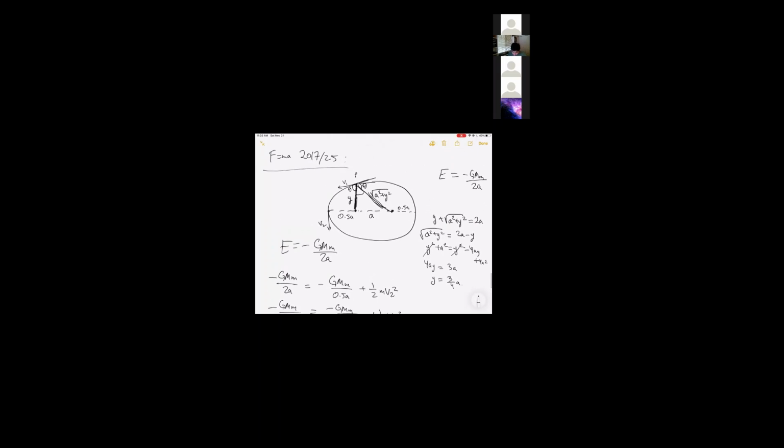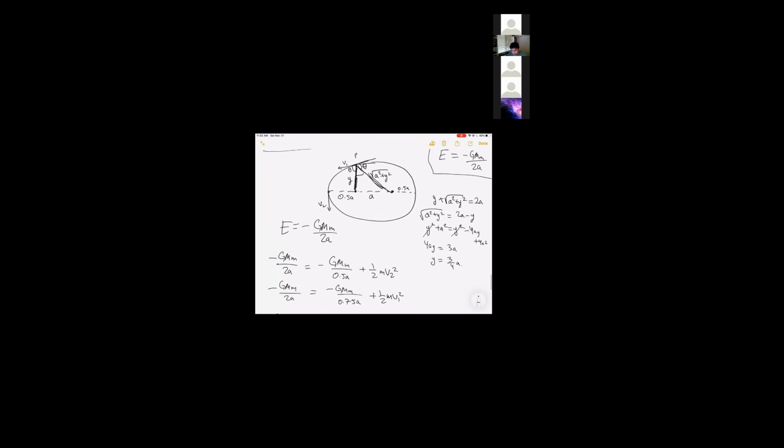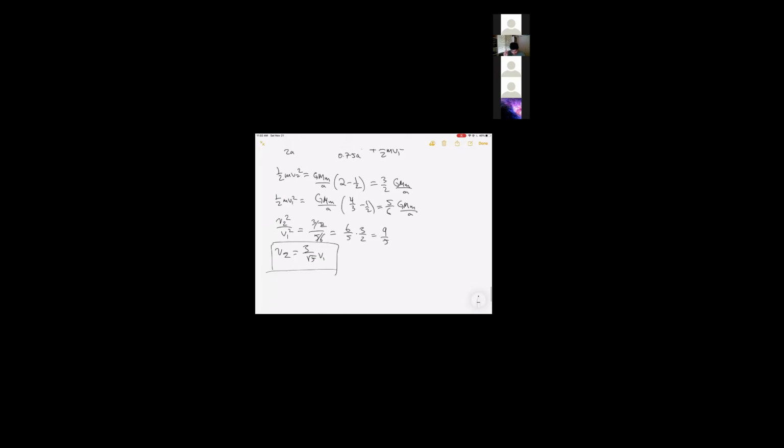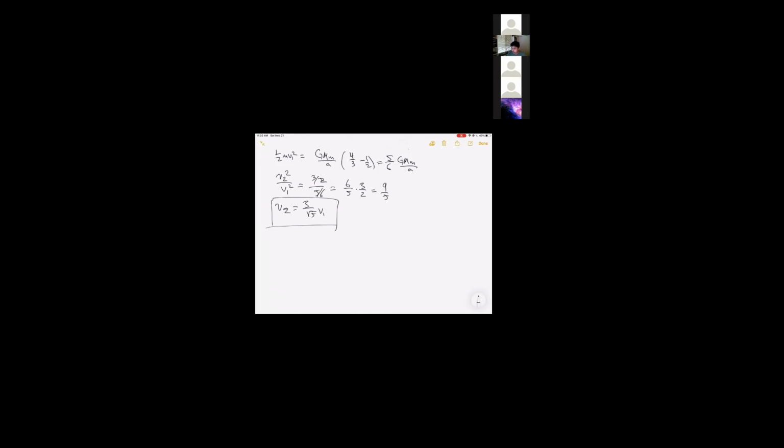So again, the important fact was that E is negative GMm over 2a. Otherwise, we couldn't get a handle on these values. This is just a very, very important fact. Okay, looks like there are no questions. So let's move on to problem 4.